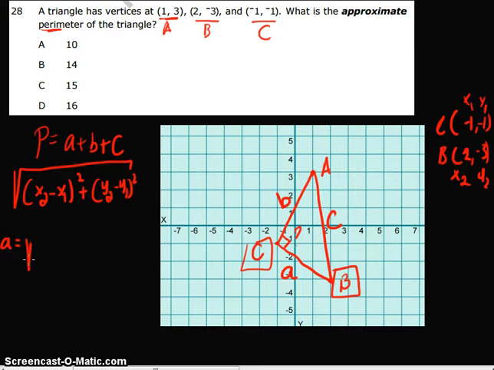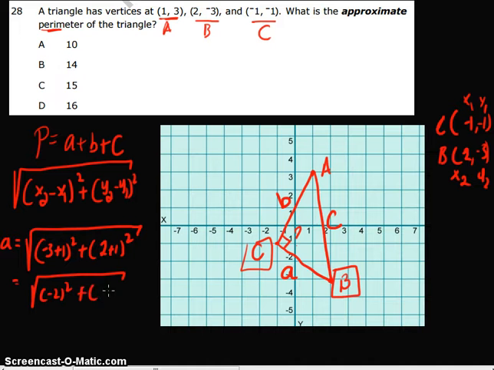So let's plug this back in here. We have the difference between the two x's, which is 2 minus -1 becomes 3, the whole square, plus y2 minus y1, which is -3 plus 1, is -2 squared. So this becomes 3 squared plus -2 squared, which is 9 plus 4, and then we have the square root of 13.